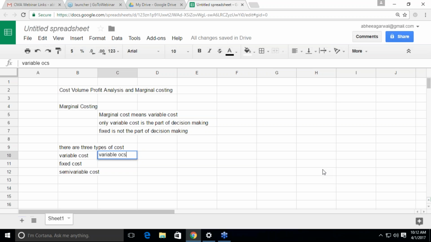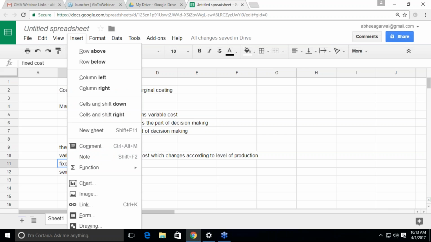Variable cost is a cost which changes according to level of production. So if you are producing more units, more variable cost you have to incur. If you are producing less units, less variable cost you have to incur.